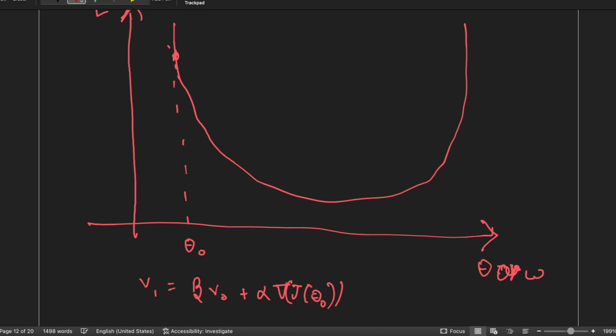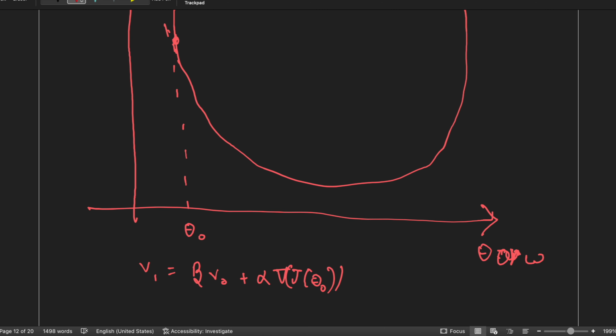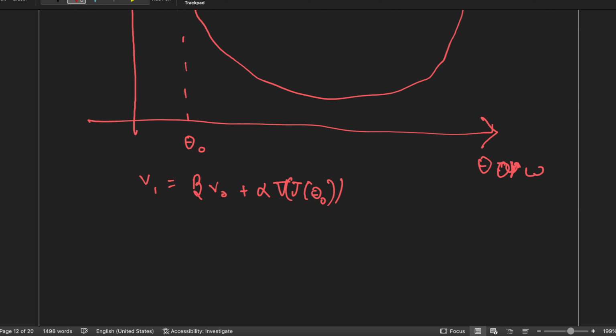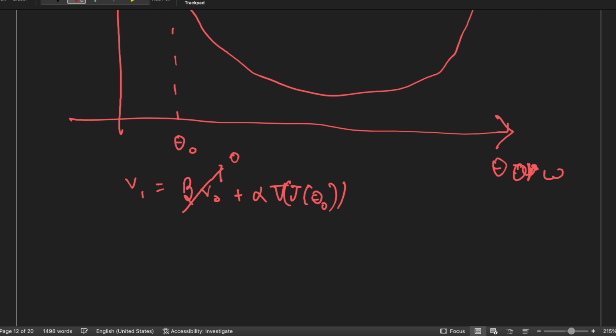You already know that V0 is zero, so this whole thing will be zero.